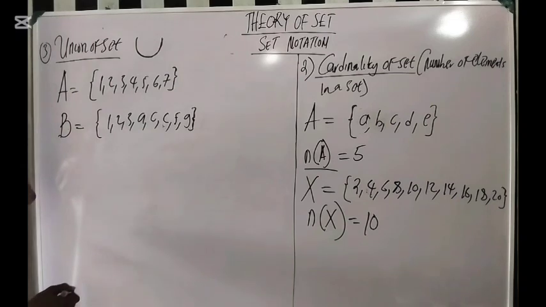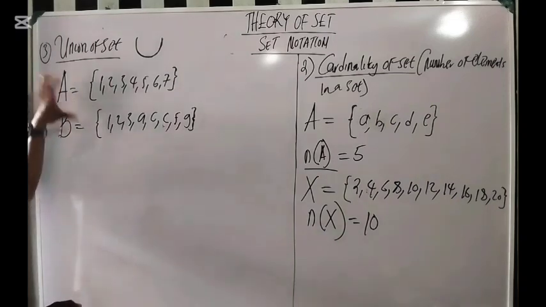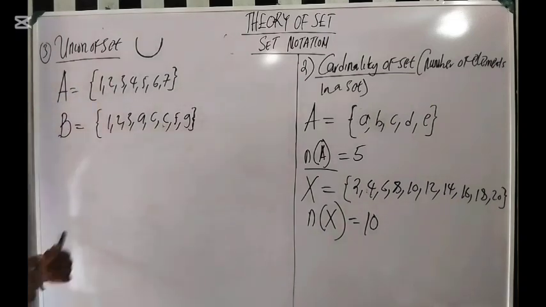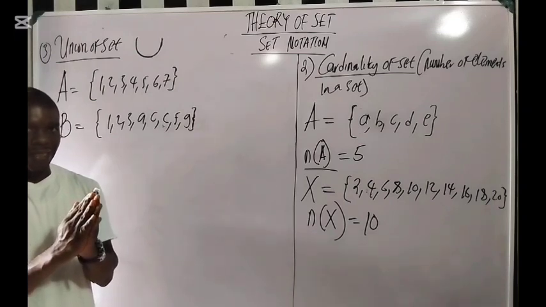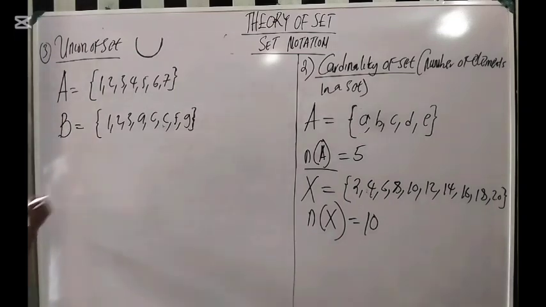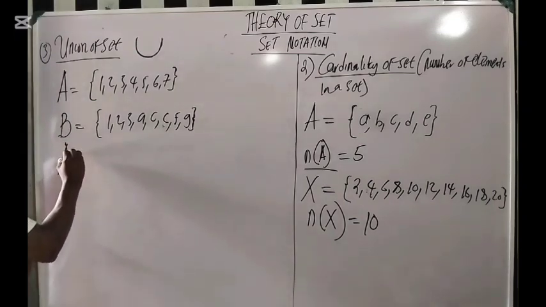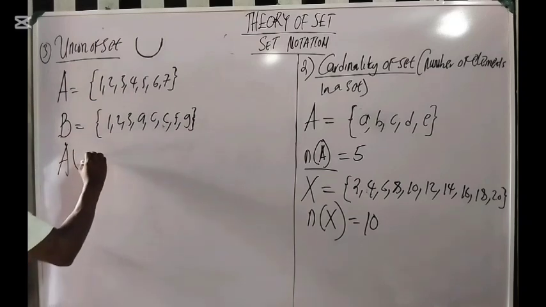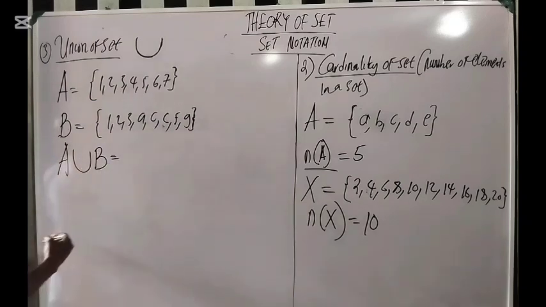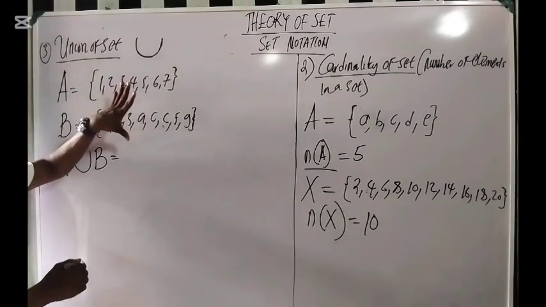Now, let's say we are finding the union of these two sets. You are combining these two sets, so you say find A union B.